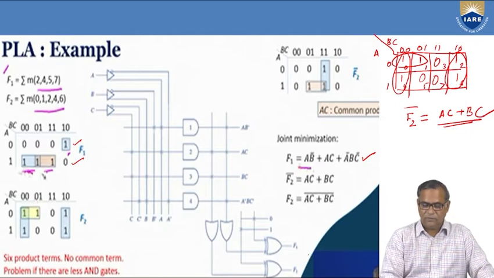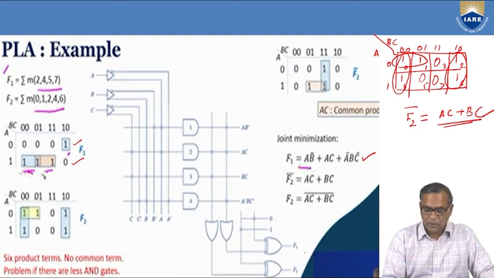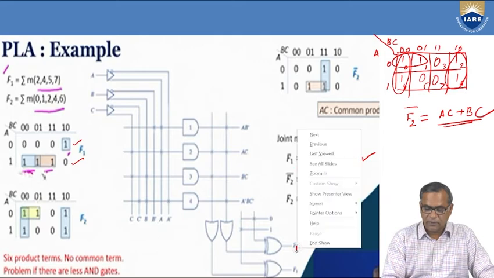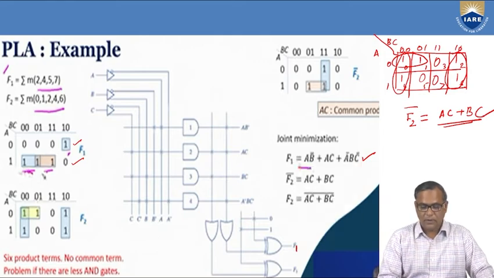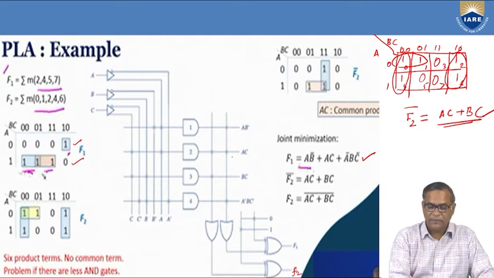So F1 is equal to A B bar plus AC plus A bar B C bar. This is F1, which will come by appropriate programming, and here I am going to get F2. F2 bar is nothing but AC plus BC, so AC plus BC will come here.